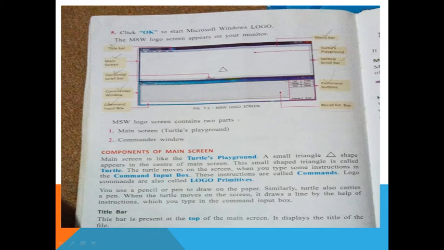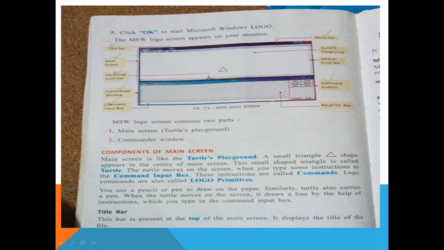Logo commands are also called Logo primitives. Another name for Logo commands: Logo primitives. Okay, then come to the next. You use a pencil or pen to draw on paper. Similarly, the turtle also carries a pen.